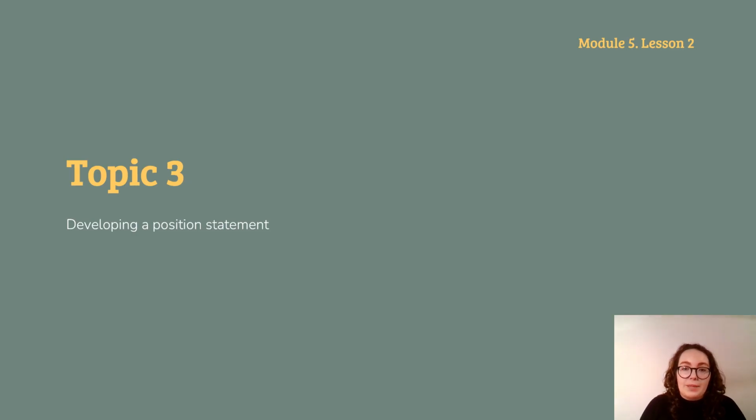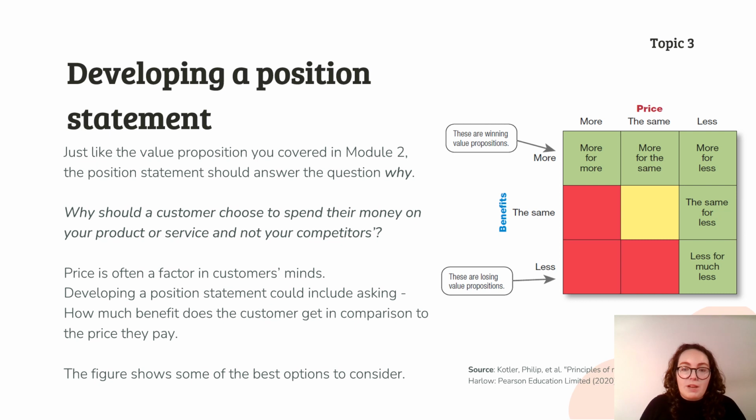The final topic in this lesson is developing a position statement. When we develop a position statement, we are trying to find an answer to the question, why? Why should customers choose our proposition? We did this when thinking about the value proposition.